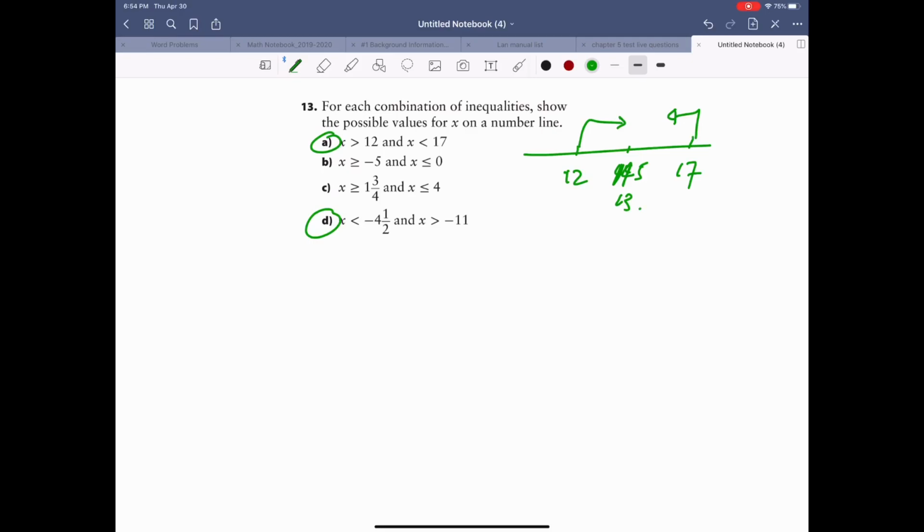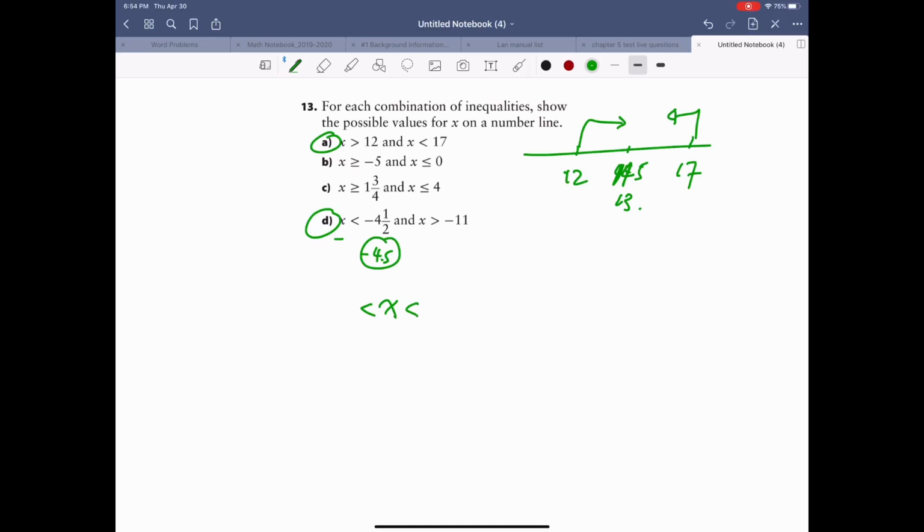In this case, x is smaller than that and bigger than -11. So 4.5 basically is -4.5. Like I said before, be familiar with numbers. So let's write it in the combination.